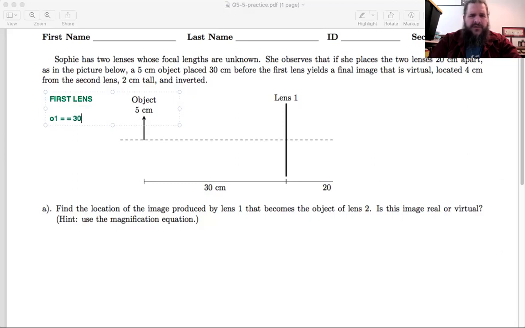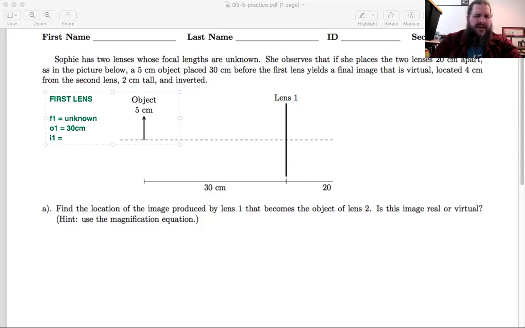Object distance 1 equals 30 centimeters. We don't know the focal length. In fact, we don't even know what type of lens this is. Might be converging, might be diverging. So we don't even know if f1 is positive or negative. But we do know object 1 is 30 centimeters.